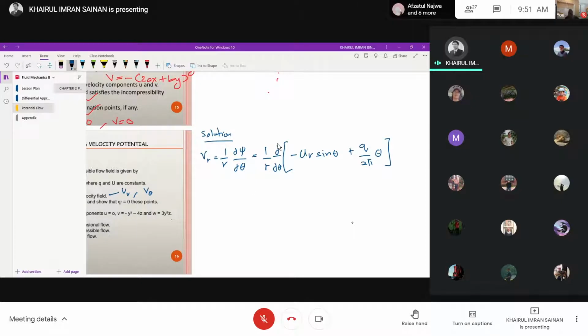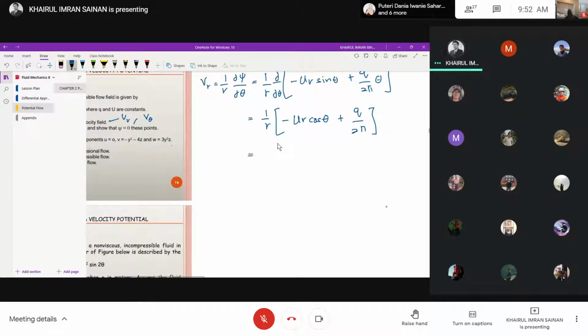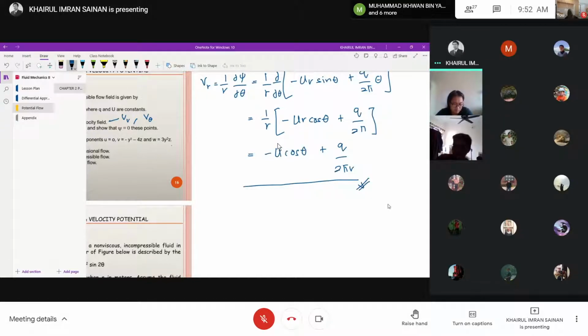Differentiating towards theta, sine theta becomes cos theta, and theta gives q divided by 2 pi. So we simplify this equation to negative u cos theta plus q divided by 2 pi r. So this is vr.